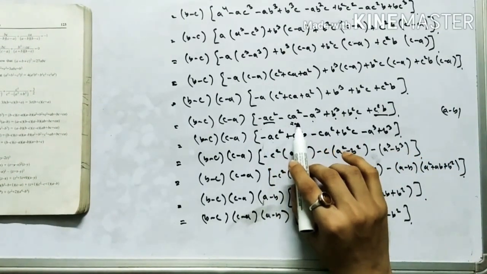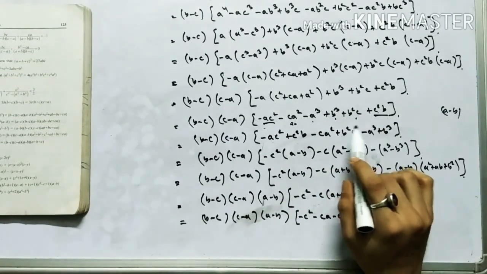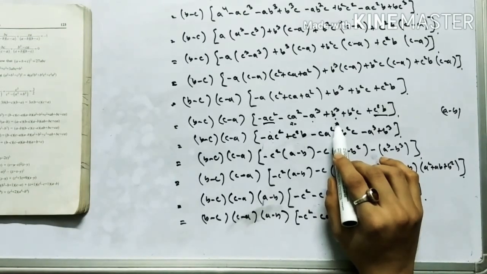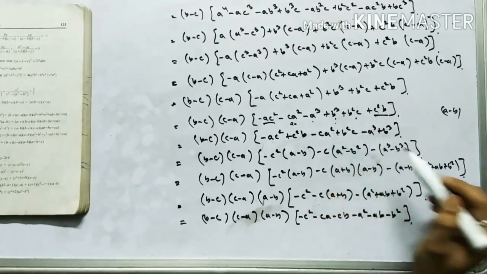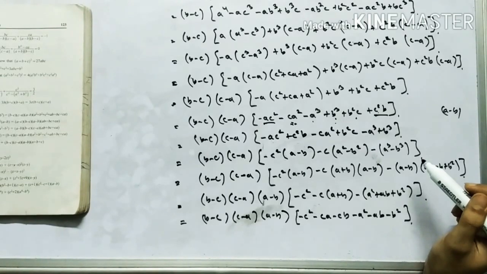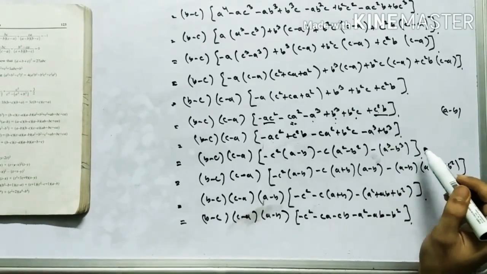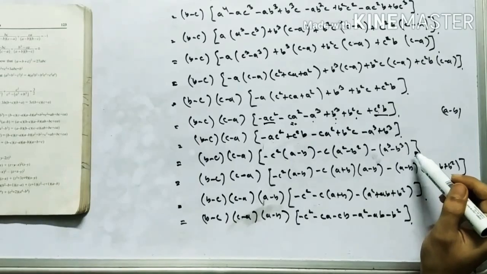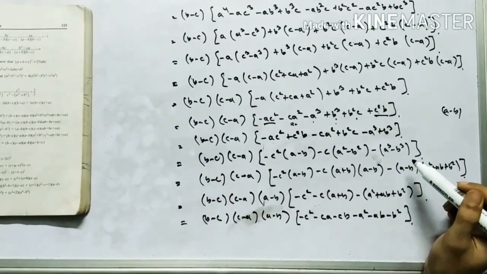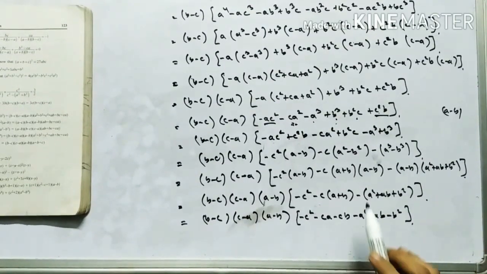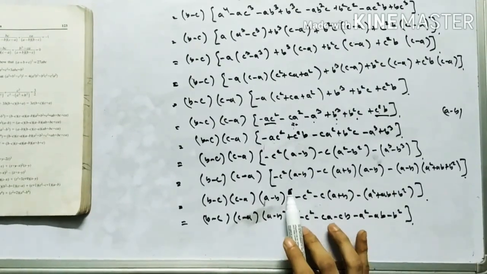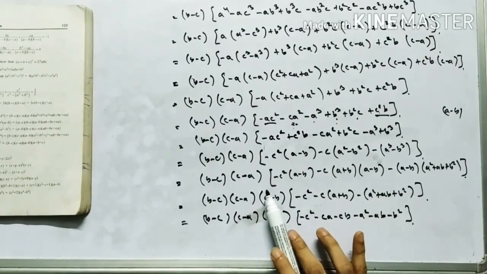Minus a c square minus c a square, this is c minus a.